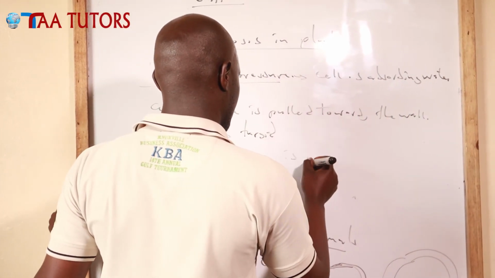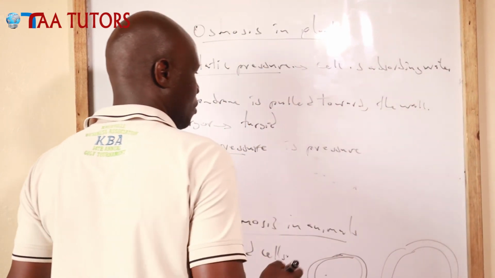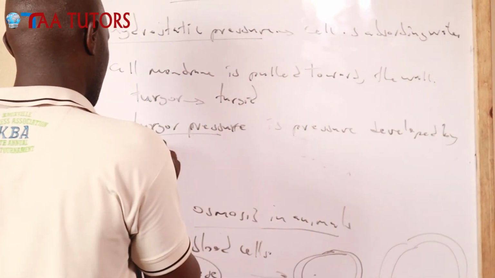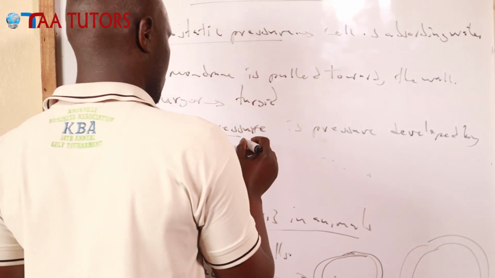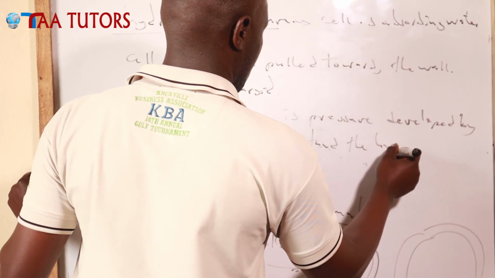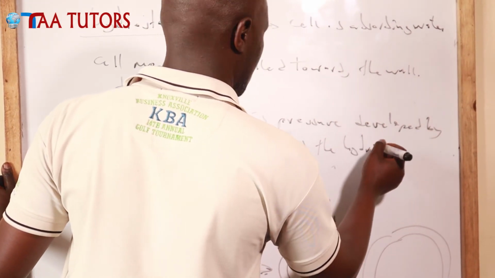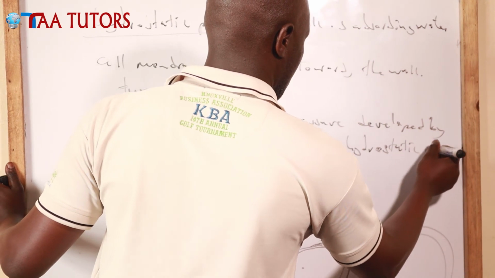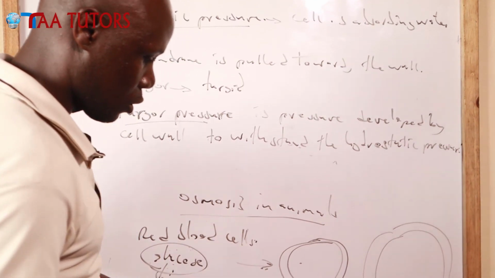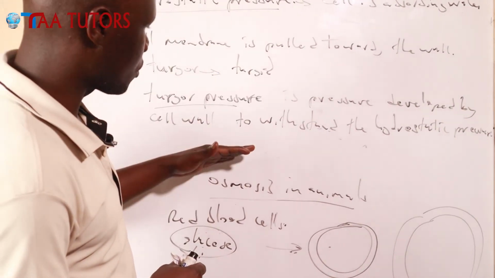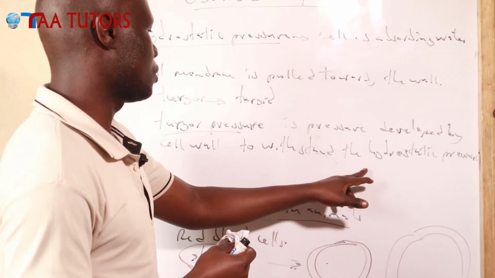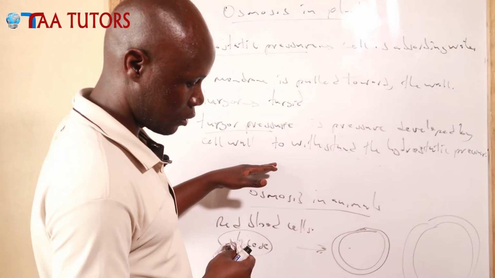So this is a pressure that is developed by the cell wall to withstand the force that is acting on it. So that is how the cell is going to really work towards this particular functioning, so that it doesn't gain too much water, unnecessary water that is not needed in the cell. So that is one thing that's going to happen.